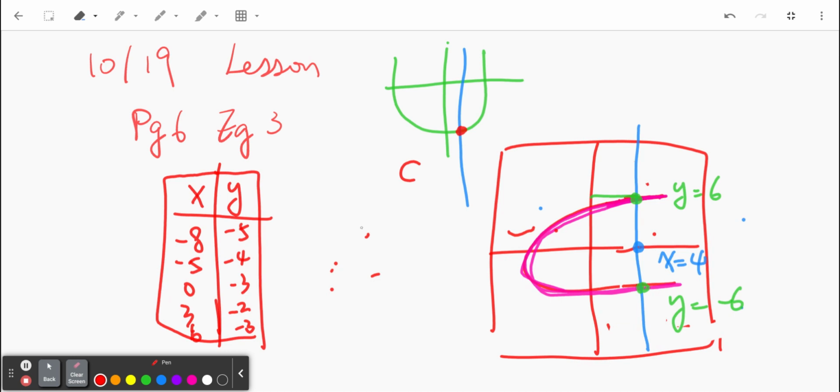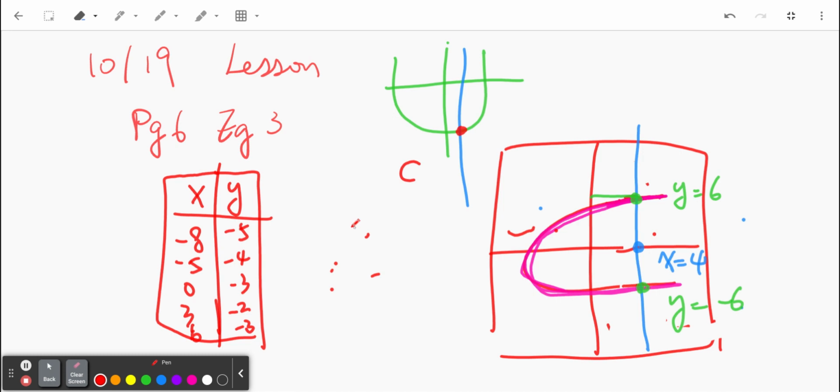But the one in the box, the sideways U, is not a function because it intersects the line twice. If it intersects more than once, it's not a function. This line we draw to determine if it's a function or not, we call the vertical line test.